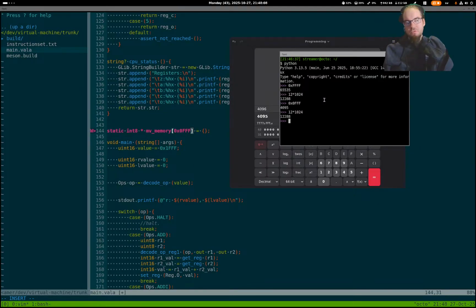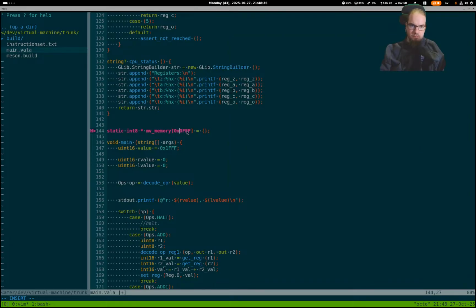And 495 bytes of memory is not a lot, considering each instruction word is 16-bit. It's not a lot at all. So should we just go full ham and have that much instead? Let's do that.